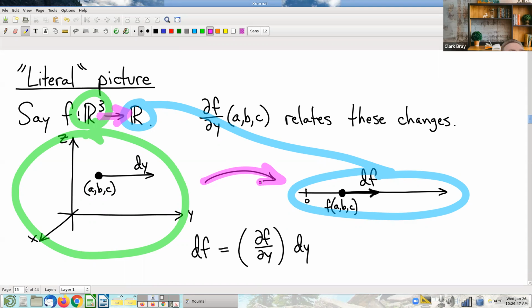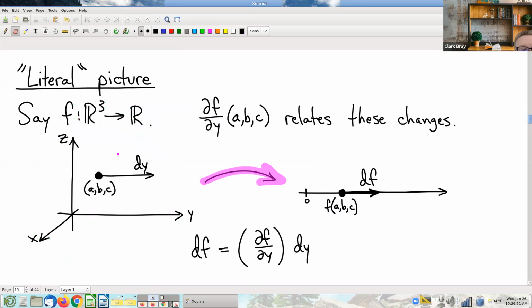In this picture, what does a partial derivative look like? Well, it is kind of exactly what you would think. The partial derivative is the relationship between the output change and the input change. Now we've got to follow the rules.